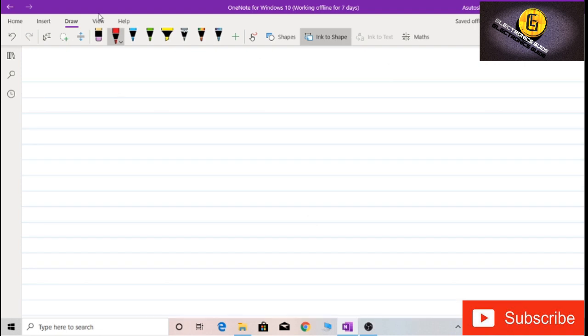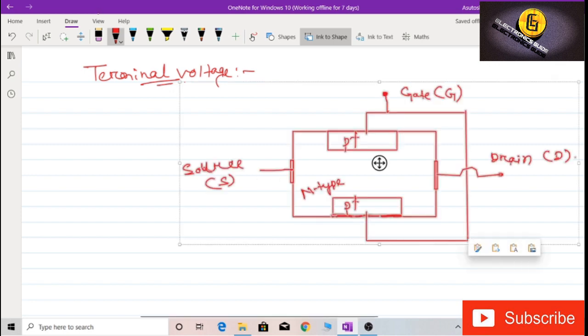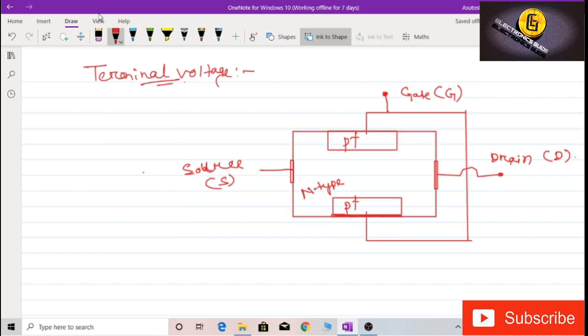Now, the next topic is terminal voltage. For this topic, we have to go through the previous picture that I have drawn earlier. I have already said that there are two terminal voltages.